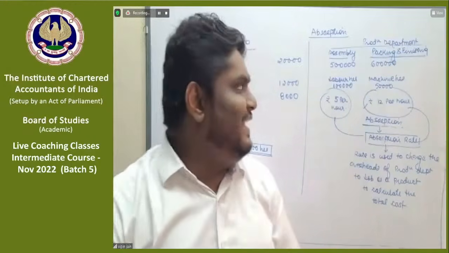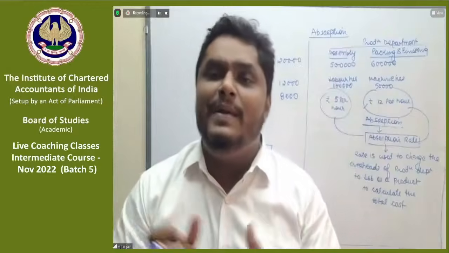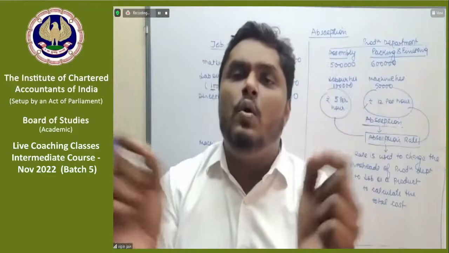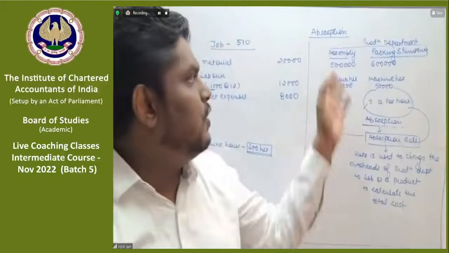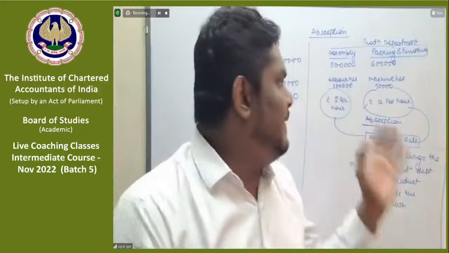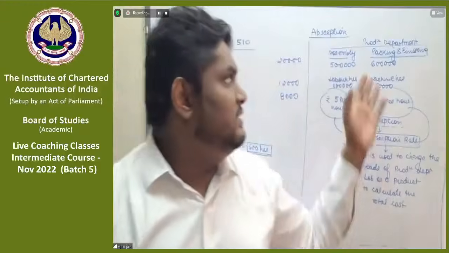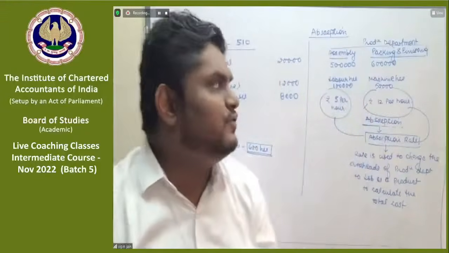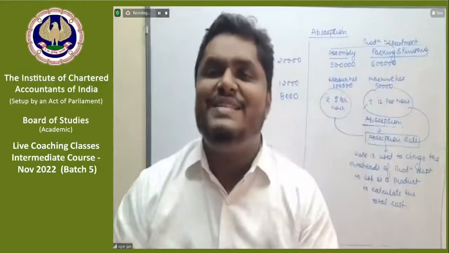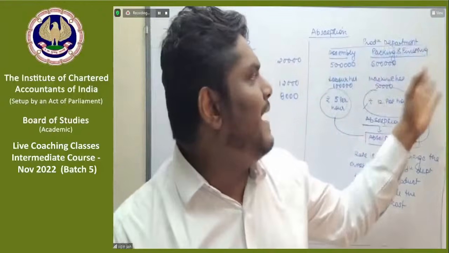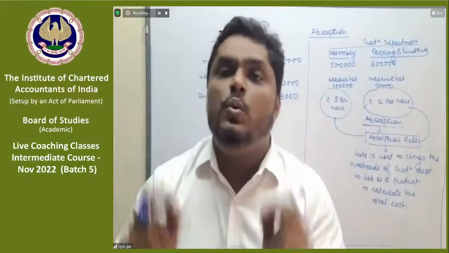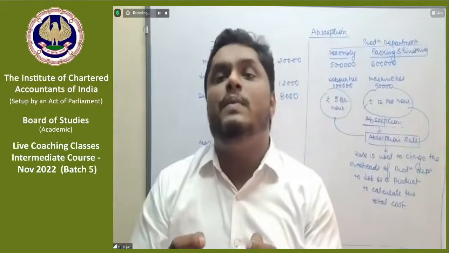The question has clearly mentioned that the assembly department is more or less labor intensive, so we have absorbed its overheads on the basis of labor hours. Similarly, packing and finishing department is more of a machine intensive job, so its overheads are absorbed on the basis of machine hours. So what we did is calculate the absorption rate.